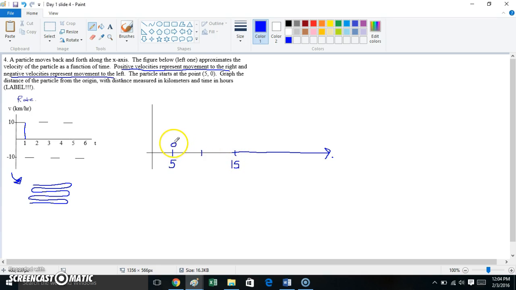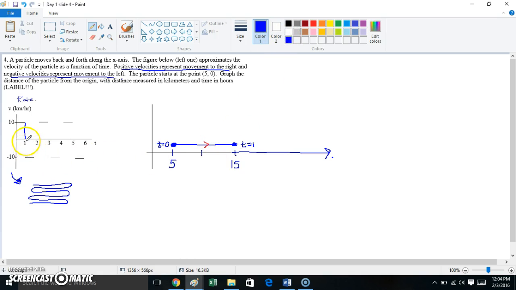My object at time 0 started here at 5, and it's moving to the right until it gets to 15 units from the origin, really, and that's at time 1. Okay, so my object just moved to the right.